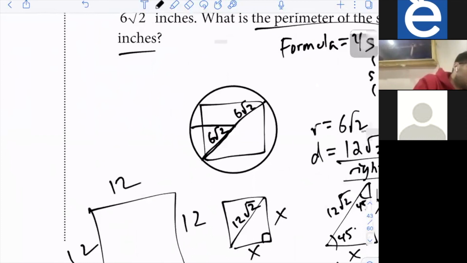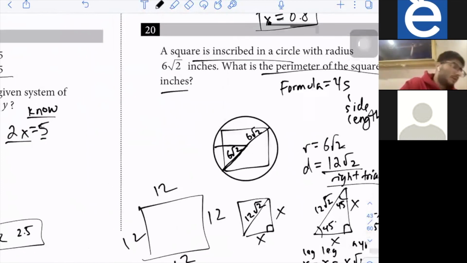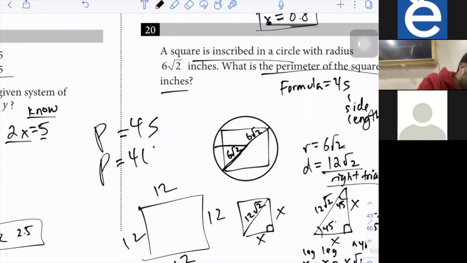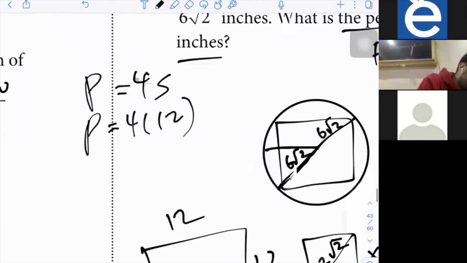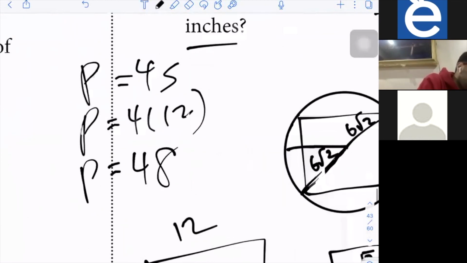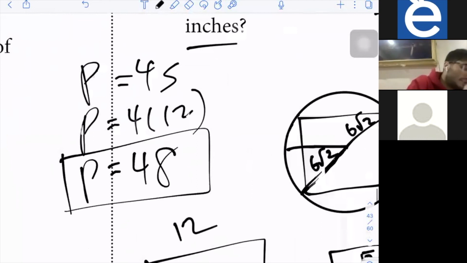And now since it's asking for the perimeter, P is equal to 4s. So P is equal to 4 times 12, and you get P is equal to 48. And that is our answer for this question.